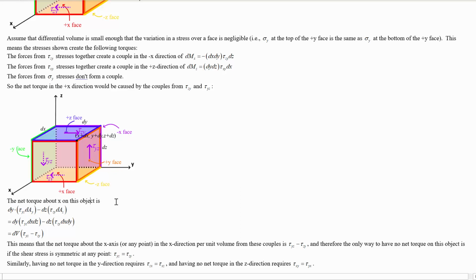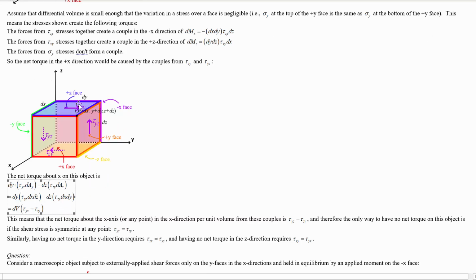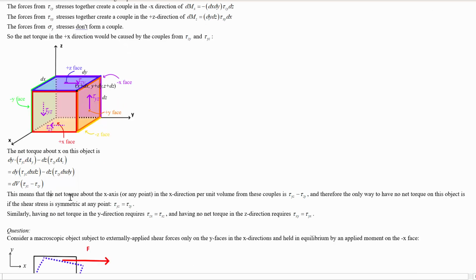And we've got that the net torque in the x direction is dV times not slopes of these things, but just the raw difference in this shear stress and this shear stress, right? So that means the net torque about the x-axis per unit volume from these couples is tau yz minus tau zy, just the difference in those two shear forces.